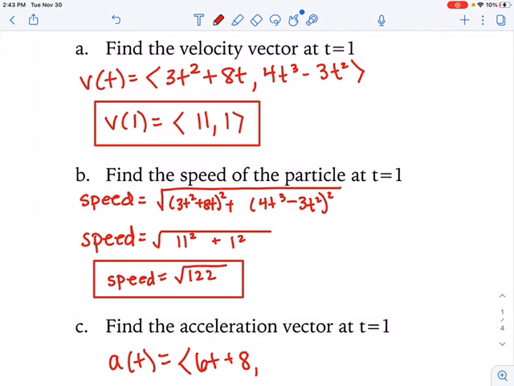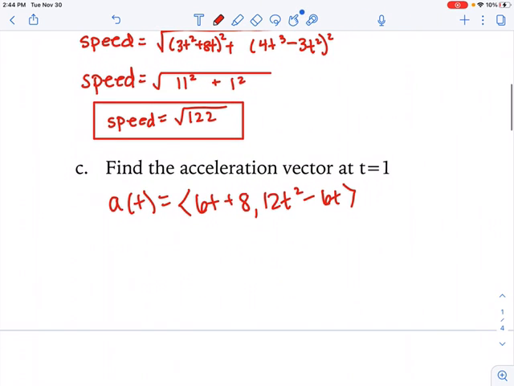The derivative of the vertical component would be 12t squared minus 6t. So then if I'm asking for the acceleration vector at 1, we would have 14, 6.